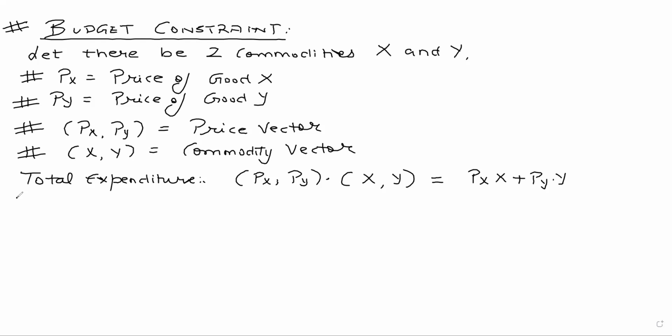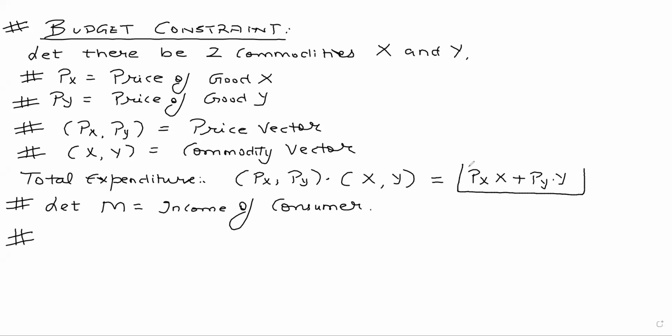And let M denote the income of the consumer. Then my budget constraint equation is that my total expenditure, which is Px times X plus Py times Y, should be less than or equal to our income.